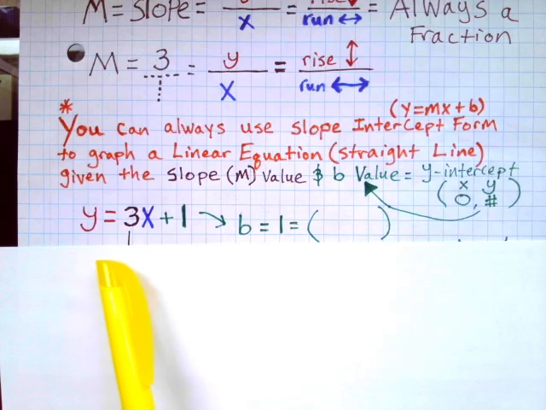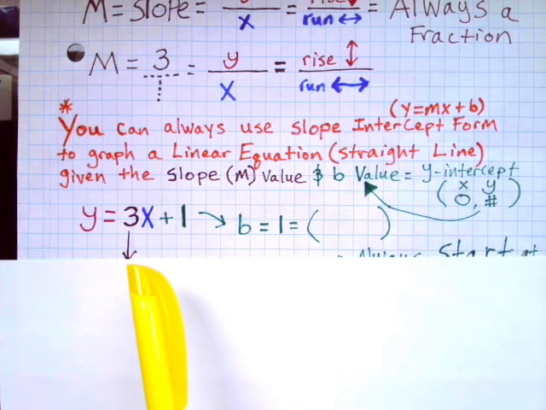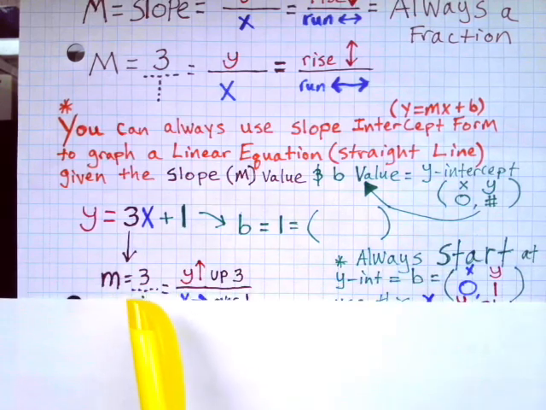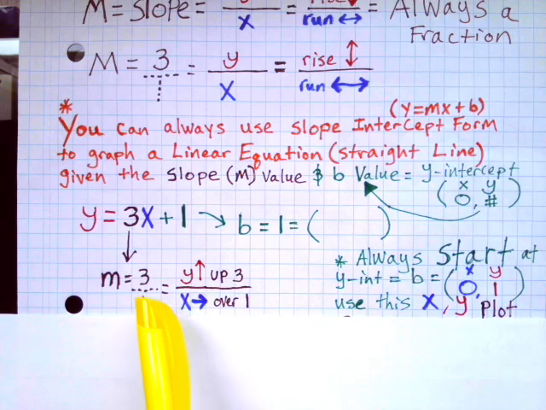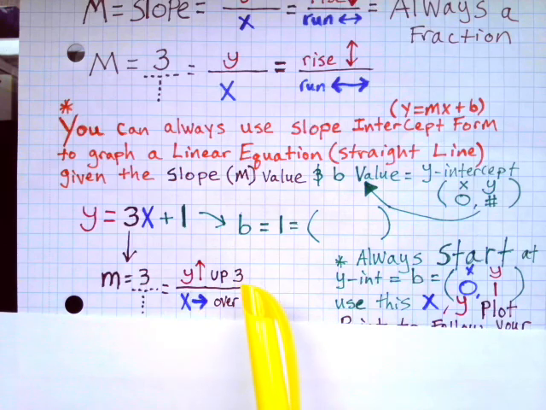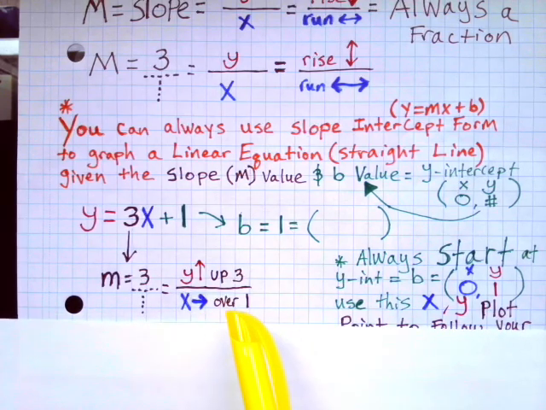And so in this example, y equals 3x plus 1. Again, 3 is going to represent your slope, and it's always going to be a fraction. 3 over 1. 3 represents the y, that invisible 1 represents the x. I'll go up 3 in a positive y direction, and that invisible 1, I'll go over a positive 1 in the x direction.